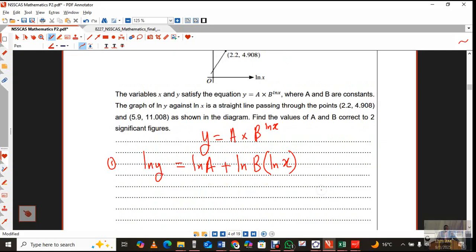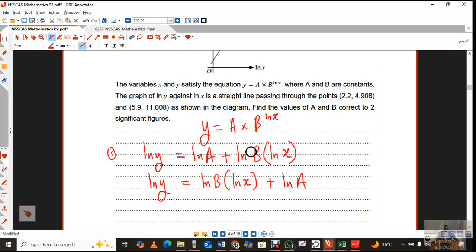All right, so I can just rewrite it so that it can be in the form of y equals mx plus c. So the natural log of y is equal to the natural log of b times the natural log of x plus the natural log of a. So now it's in that form, y equals mx plus c.